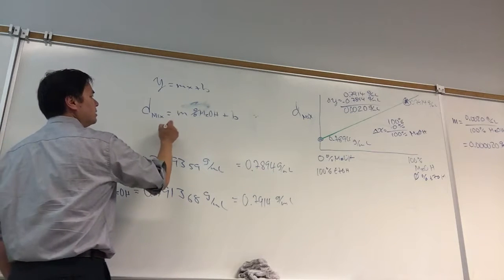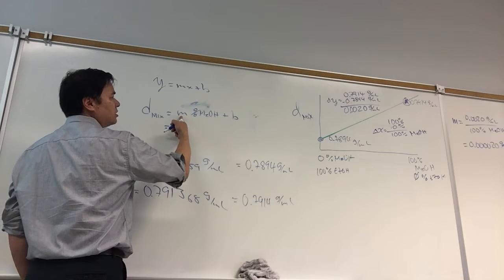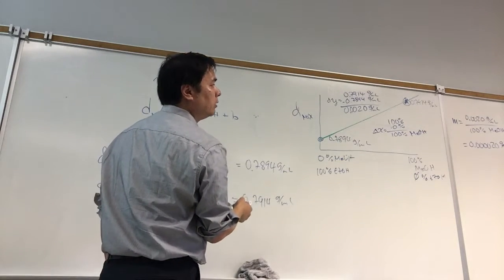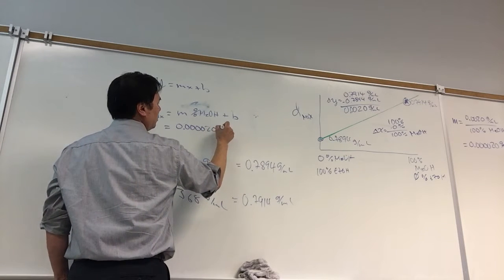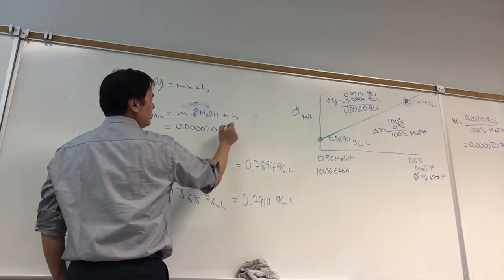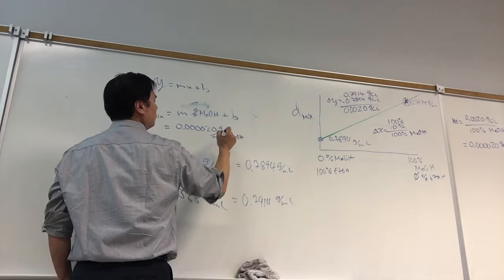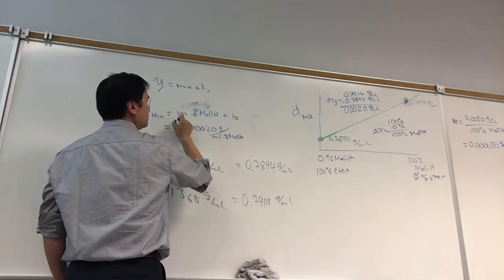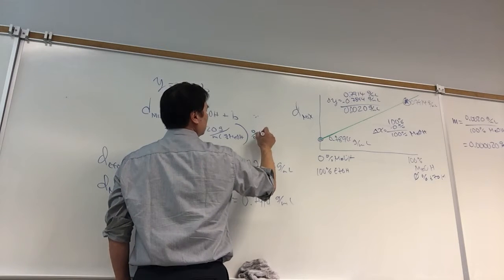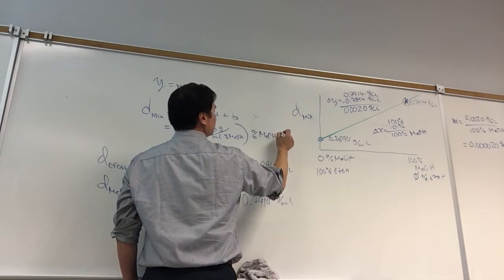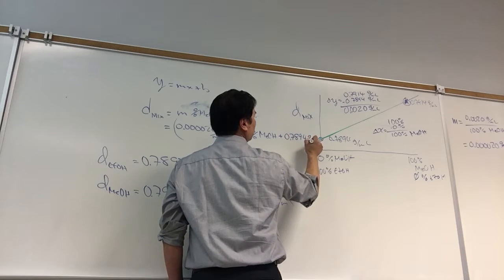And so let's go ahead and do this. The slope, 0.000020 grams per milliliter per percent methanol. Slope times X, which is the percent methanol, plus B, which is the intercept, 0.7894 grams per milliliter.